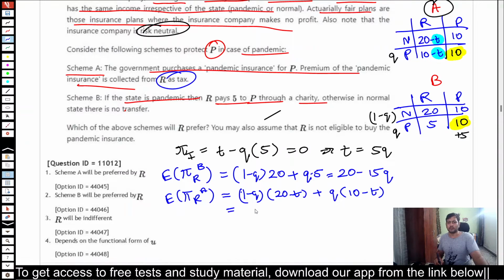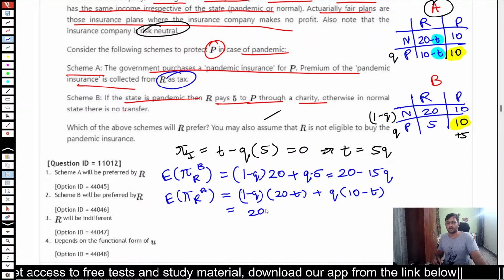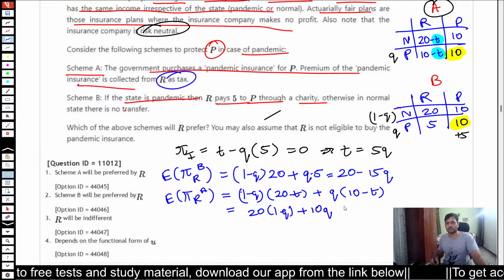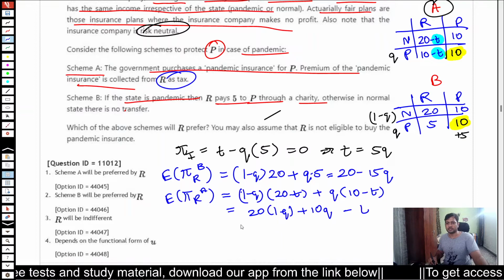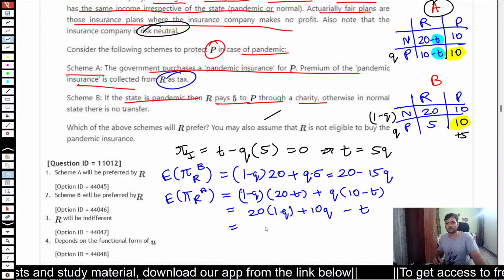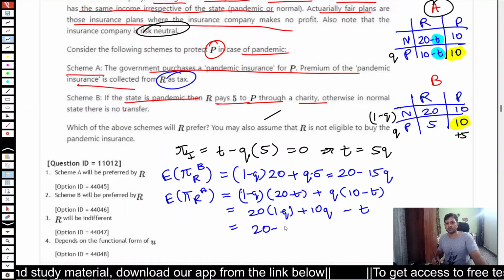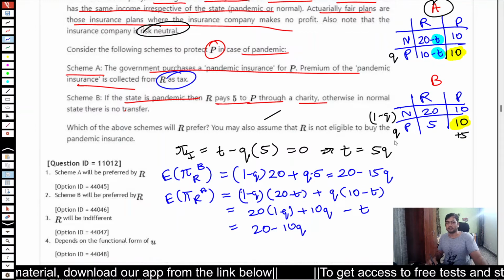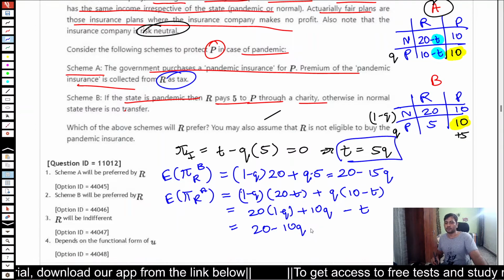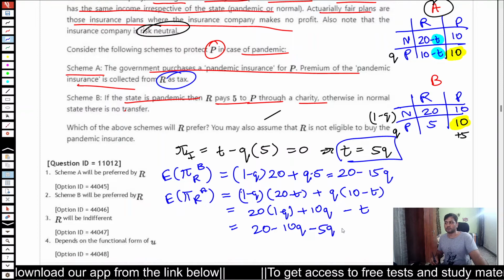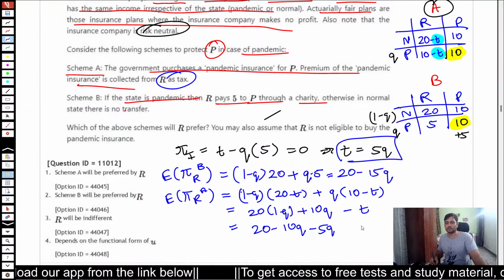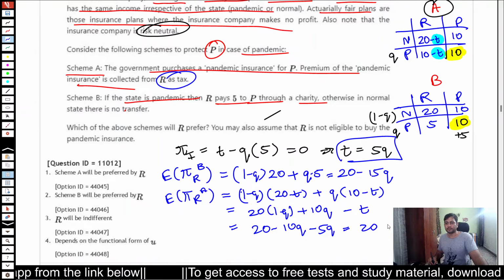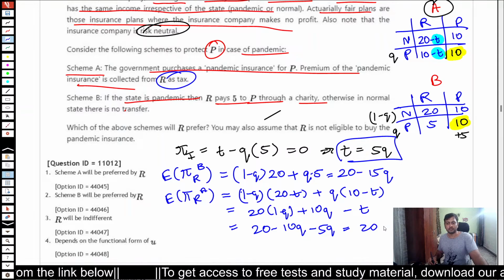Now this becomes 20 into 1 minus Q plus 10Q minus T. So that is 20 minus 10Q, and since the tax value is 5Q, minus 5Q, this becomes equal to 20 minus 15Q. Yes, 20 minus 15Q.